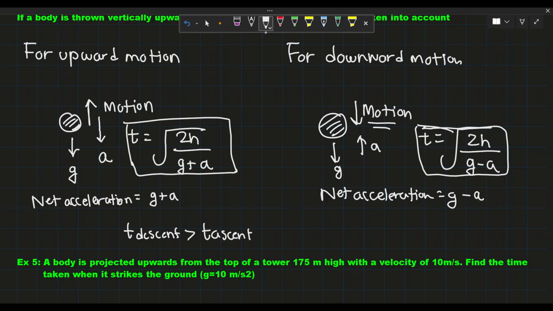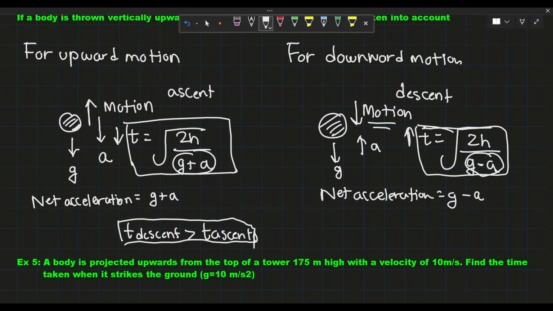Because here for descent the denominator is less because there is subtraction, and hence your time would be more, and for ascent the denominator is more, so your time would be less. Hence time of descent would be greater than your time of ascent.